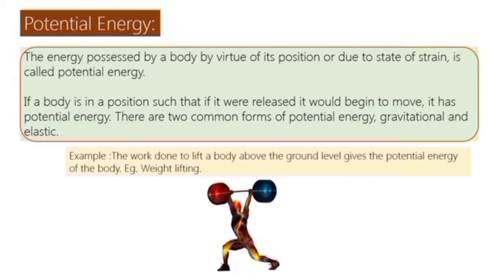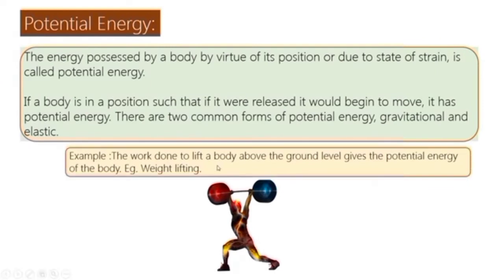One is gravitational and the other one is elastic. Example: the work done to lift a body above the ground level gives the potential energy of the body, and this is weight lifting. An example which shows potential energy.